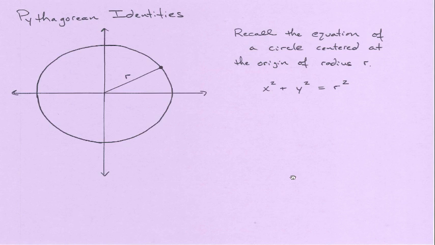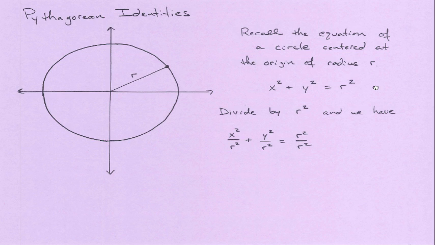For the Pythagorean identities, let's remember that the equation for a circle centered at the origin of radius r is given by x squared plus y squared is equal to r squared. From this equation, let's divide both sides by r squared. So we get x squared over r squared, y squared over r squared, and r squared over r squared.